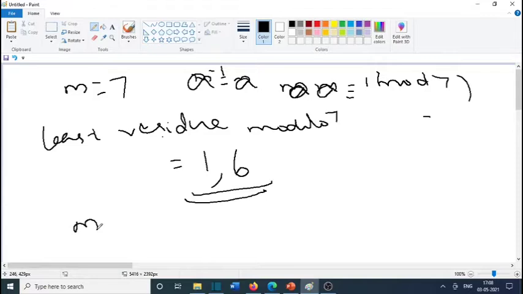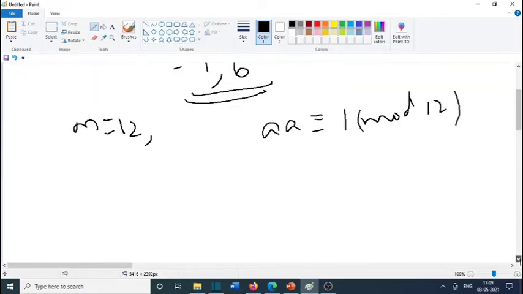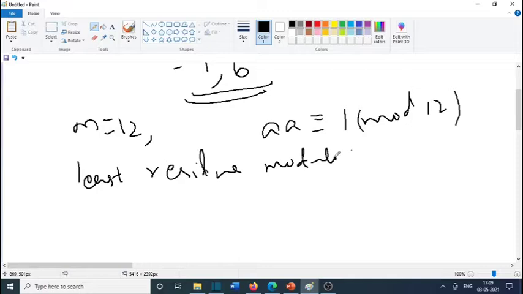Now when m equal to 12, find a such that a into a is congruent to 1 mod 12. So check the least residues modulo 12. First, 1 into 1 is congruent to 1 mod 12. Check whether 2 into 2, 4 minus 1, 3, is not a multiple of 12.